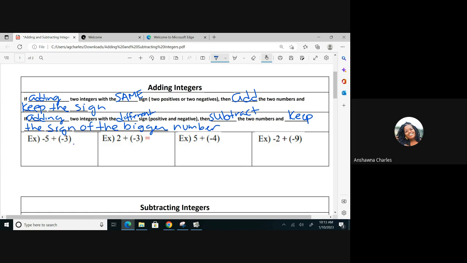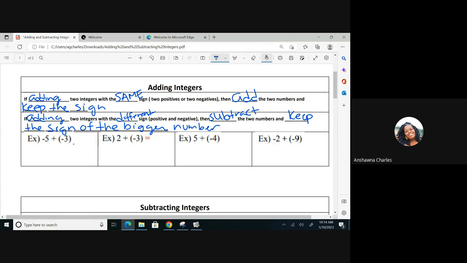Okay. So the first part y'all used to doing, if you're adding 2 numbers with the same sign, you add them together, keep the sign. If you're adding the numbers with 2 different signs, you subtract the numbers, but keep the sign of the bigger number. Okay. So then we have 4 examples right here.